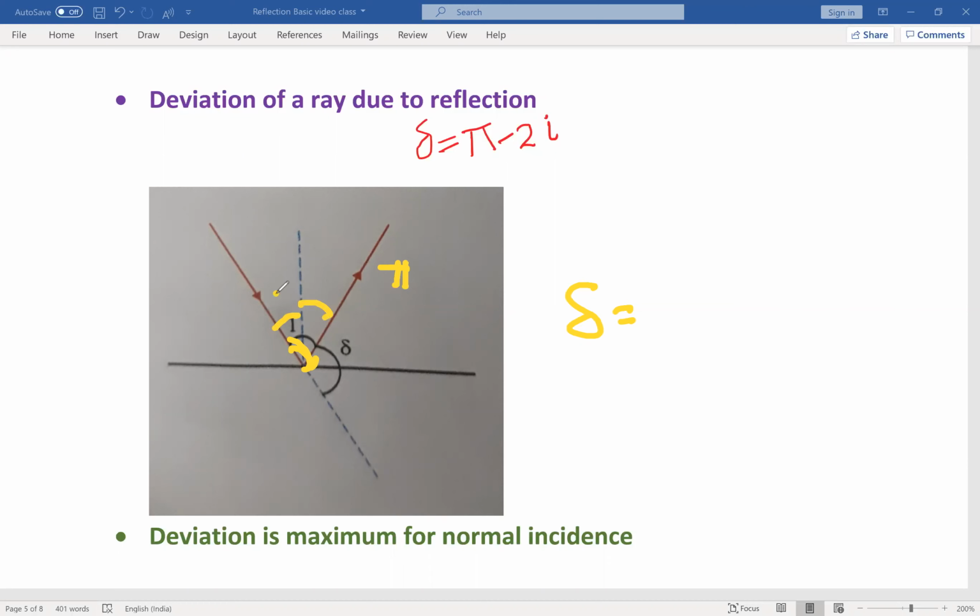This is I, and this is also equal to I, according to the laws of reflection. Then the total angle is 2I. This angle is pi. So pi radians minus 2 times the angle of incidence. This way you can calculate the angle of deviation.